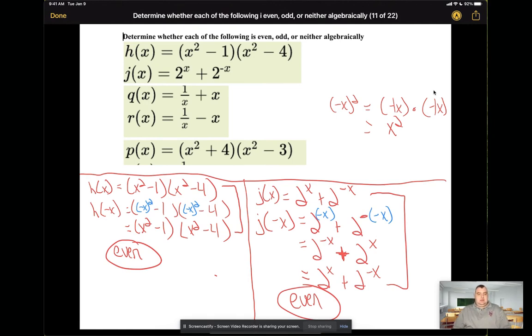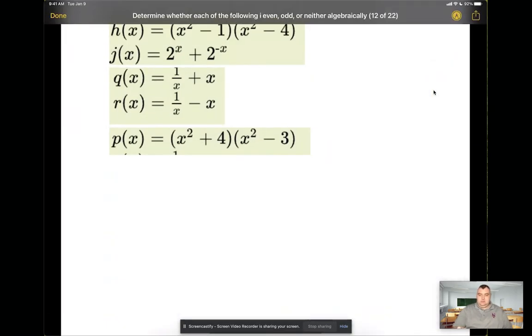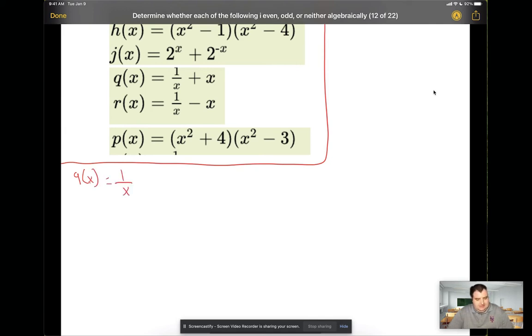Let's look at our next function, function q. Q of x is equal to 1 over x plus x. Let's try Q of negative x.